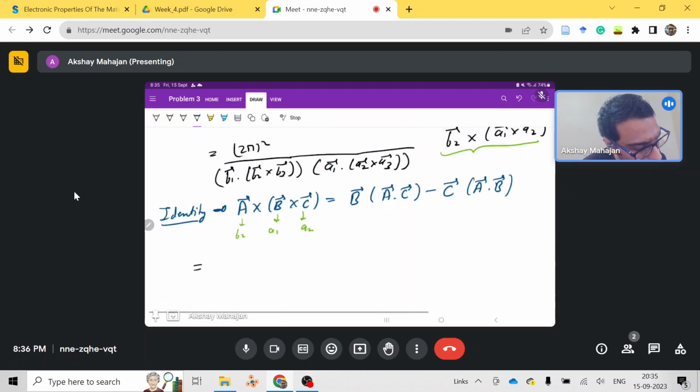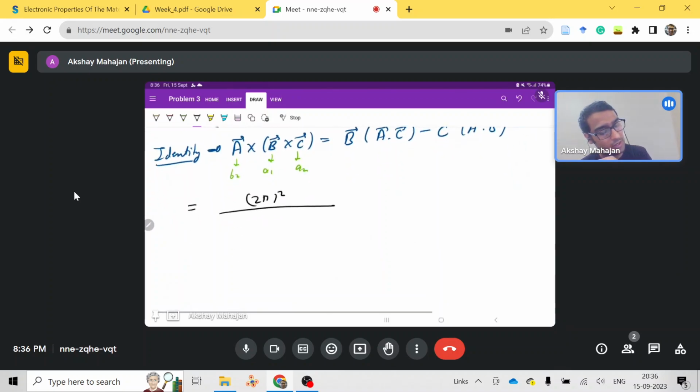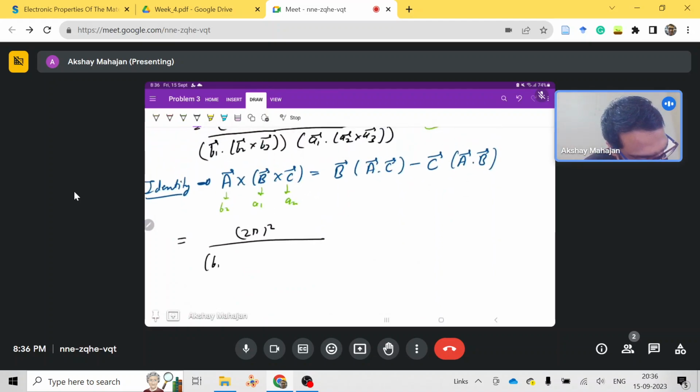Now we have these scalars. Let me just write it. So now let me just make b1 vector dot b2 vector cross b3 vector, and a1 vector dot a2 vector cross a3 vector.